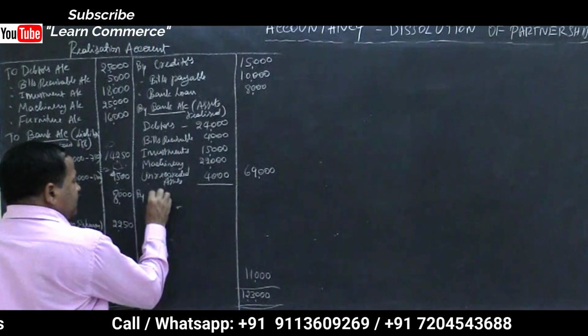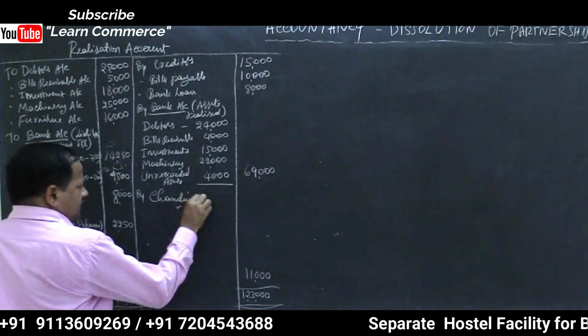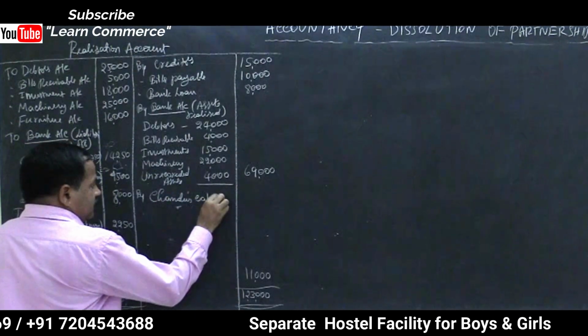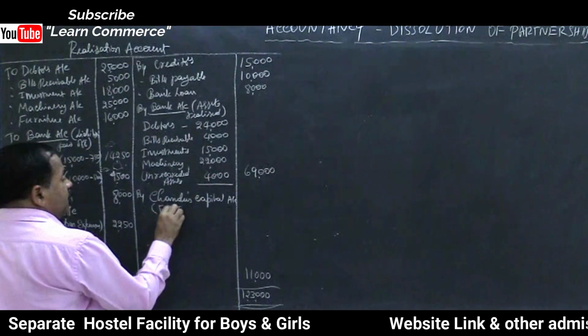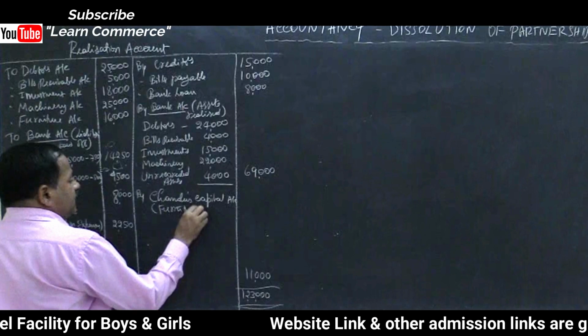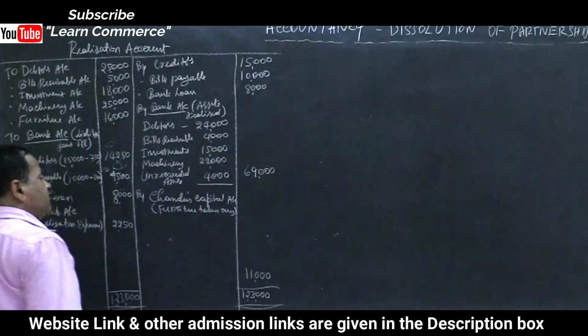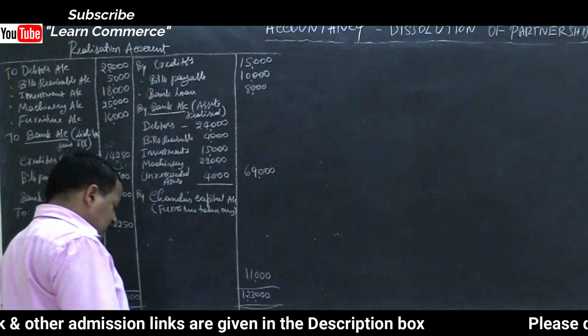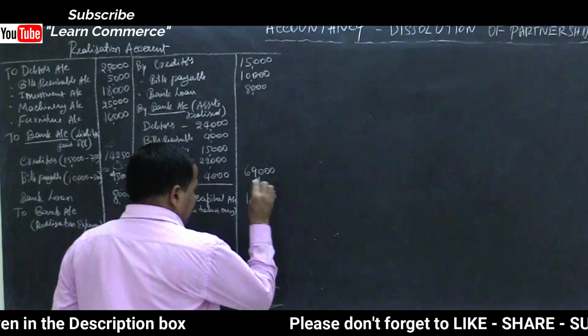So by Chandu's capital account, write within bracket furniture taken over. What is the value of furniture taken over? 10,000, right?